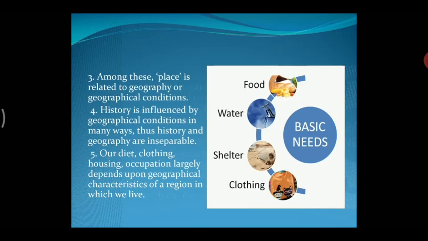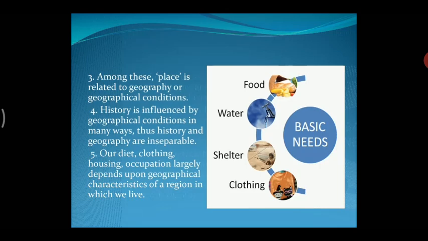The fifth point: our diet, clothing, housing, and occupation largely depend upon the geographical characteristics of the region in which we live. Now, our diet means the food which we eat. Clothing means the clothes which we wear. Housing is your house. And occupation is what? See, in different places, people are engaged in different occupations.